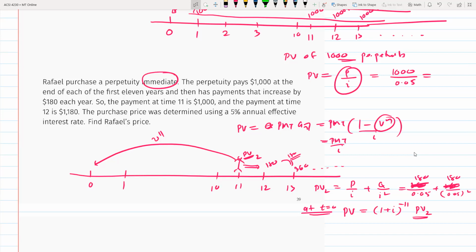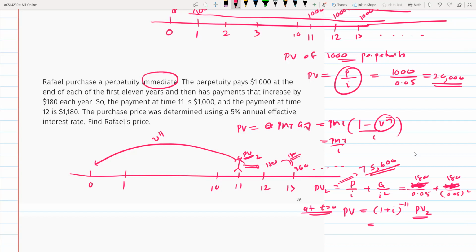So let's get the present value for that 1,000 cash flow. This would be 20,000. Then in here, if you simplify 180 divided by 0.05 plus 180 divided by 0.05 squared, you would get 75,600.